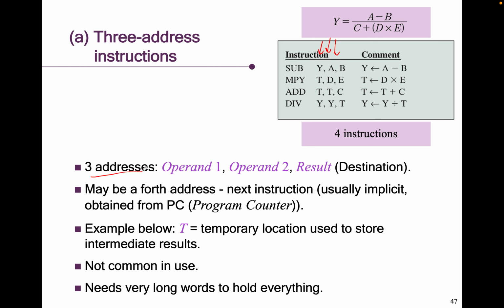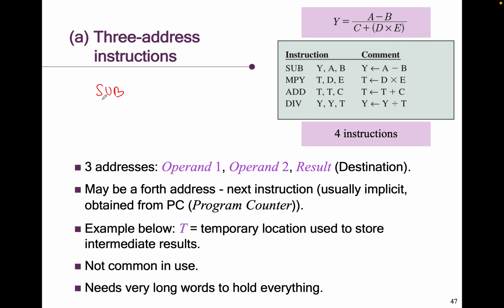When we have a 3 addresses instruction, like operand 1, operand 2, and then the result or destination, so this is 3 addresses: 1, 2, 3. Let me show you an example.